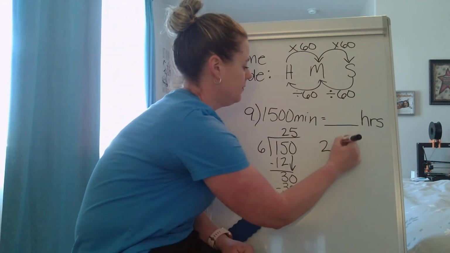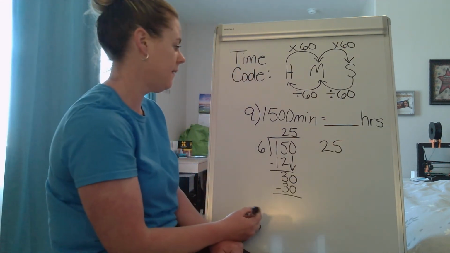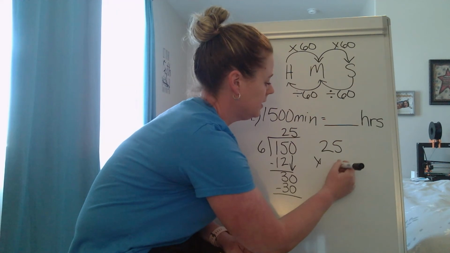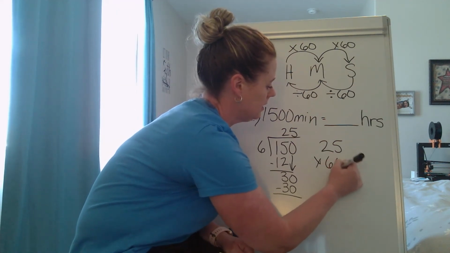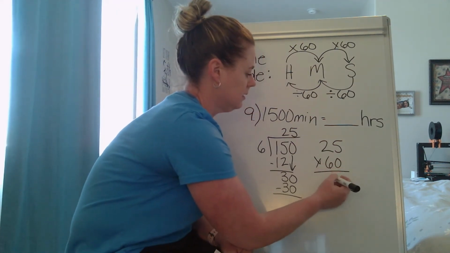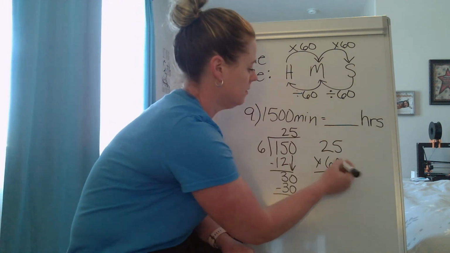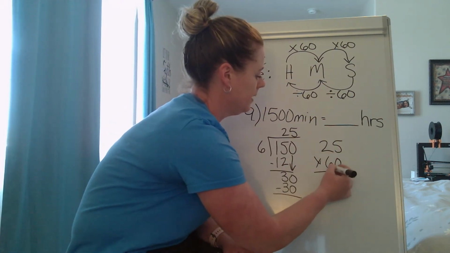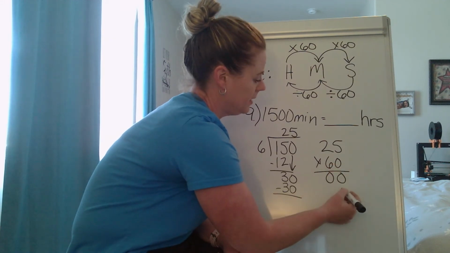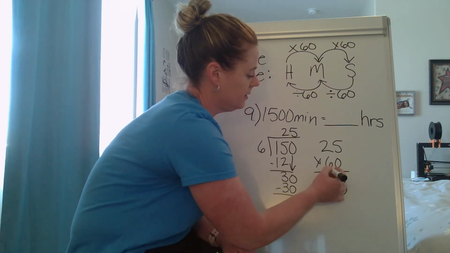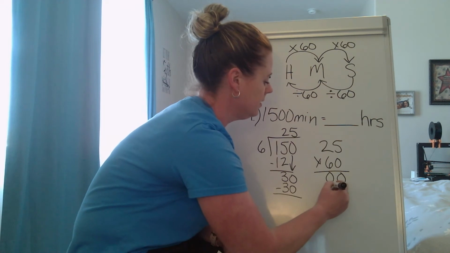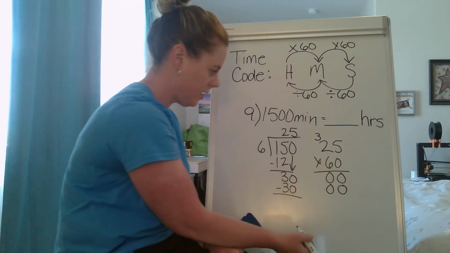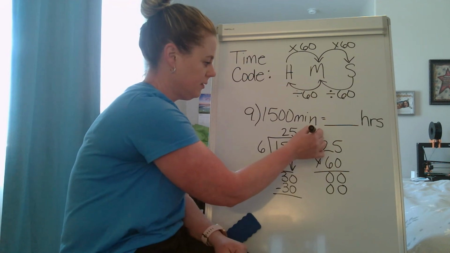So then you could check. 25 hours times 60. 0 times 5 is 0. Drop down, hold that tens place. 6 times 5 is 30. 6 times 2 is 12. 13, 14, 15.